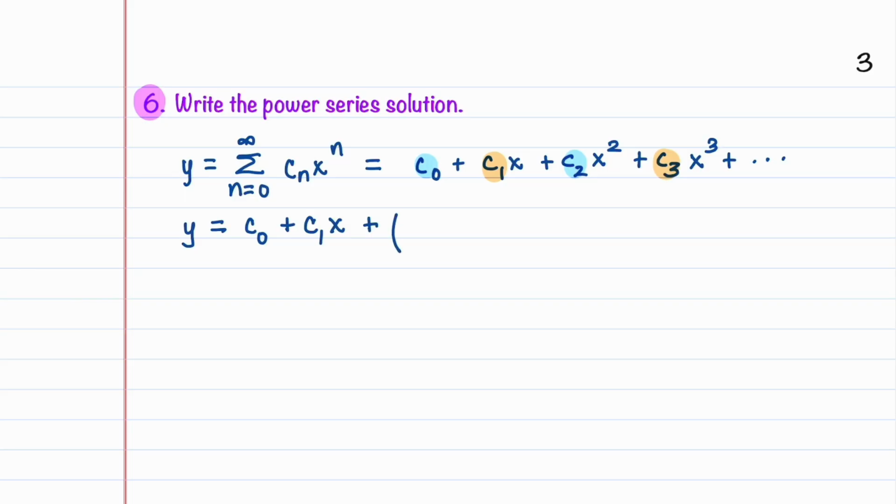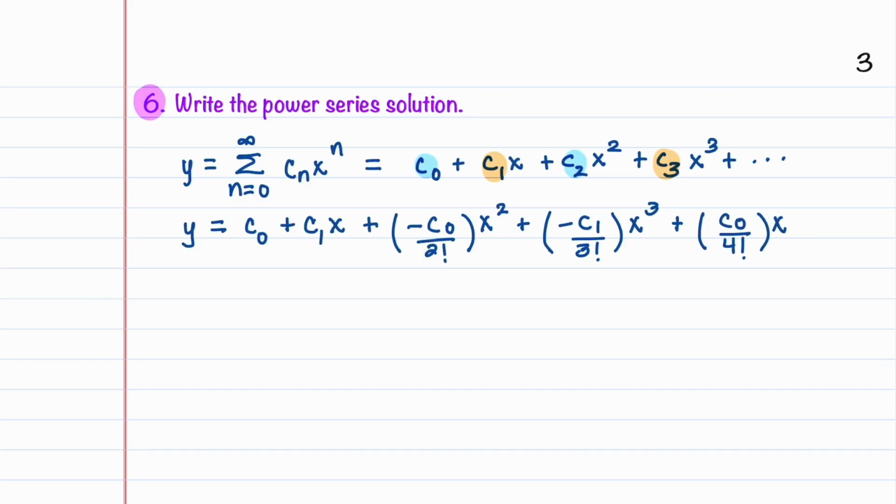C2 from the previous page was minus C0 over 2 factorial, and that multiplies x squared. And then we have C3, which is minus C1 over 3 factorial, and that multiplies x cubed. Let's keep going. Let's plug in C4. C4 was C0 over 4 factorial.